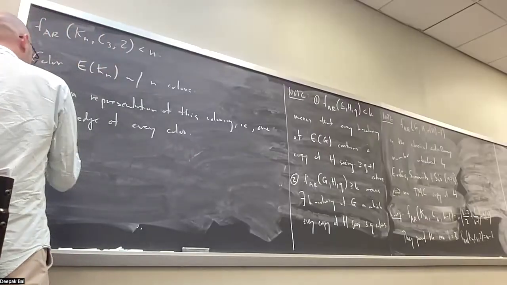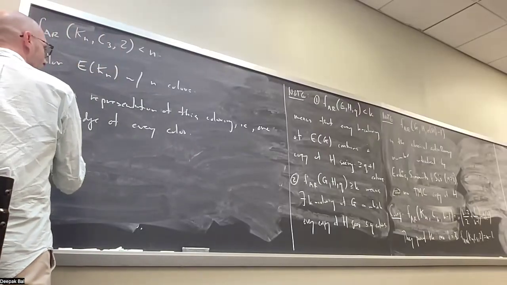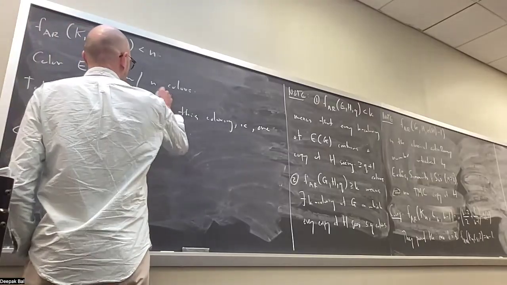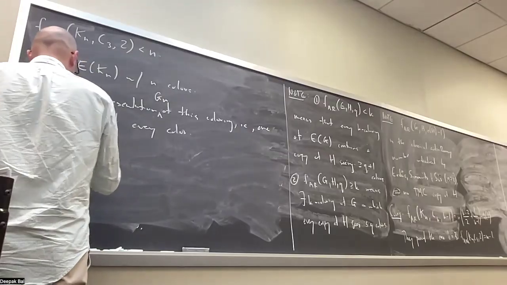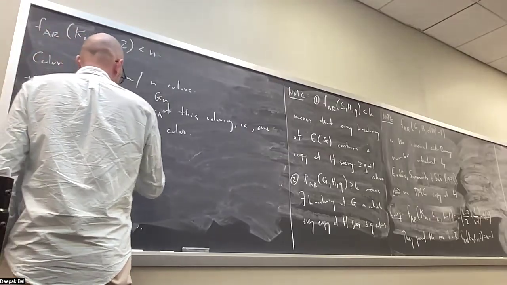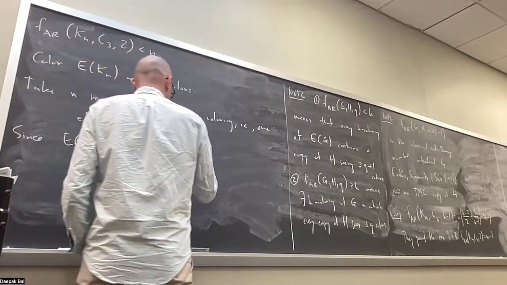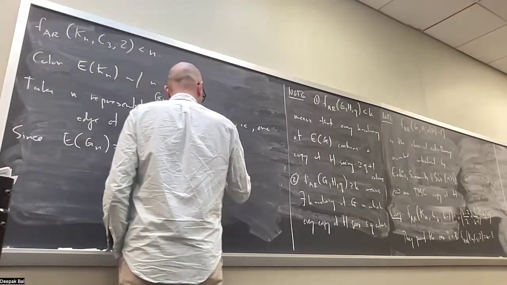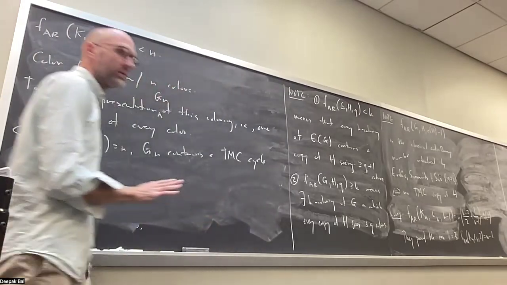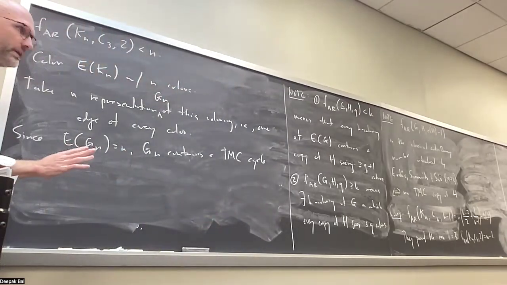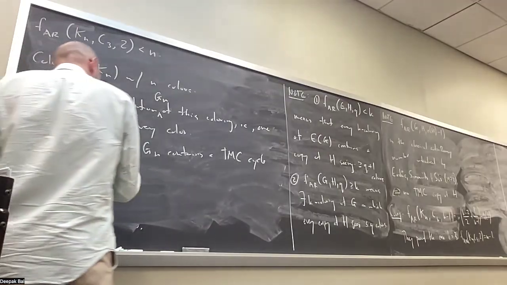They called it Gn, so we can call it Gn. So since the number of edges of Gn is equal to n, Gn contains, I don't know what length, but it contains some cycle, right? And so let's look at that cycle.